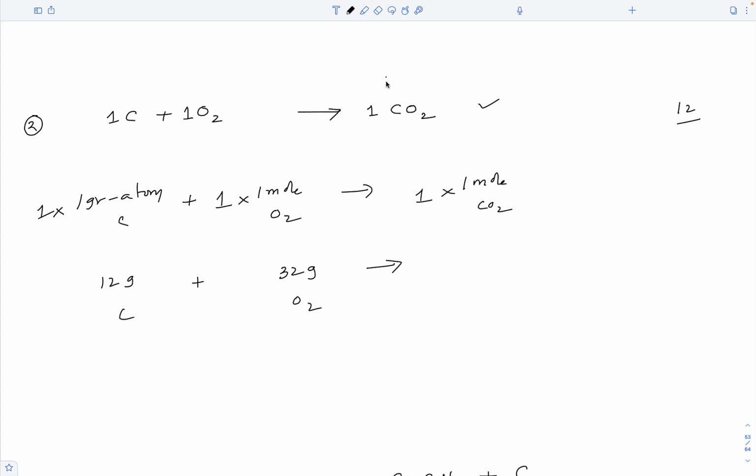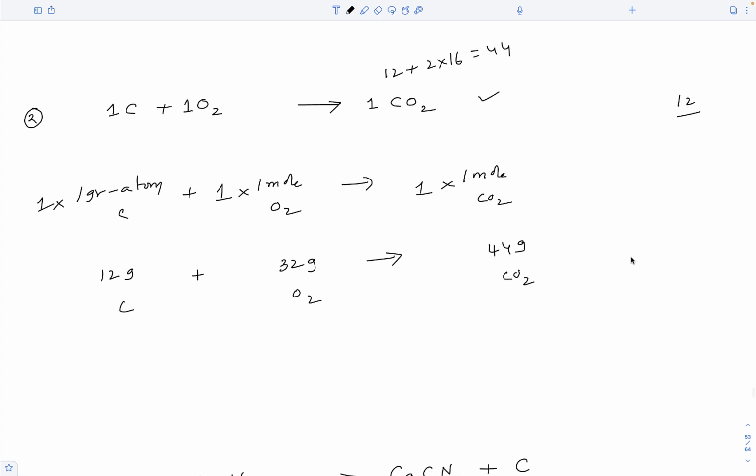Molecular weight of carbon dioxide is 12 plus 2 times 16. Atomic weight of carbon is 12, atomic weight of oxygen is 16. We have 2 oxygen atoms, so 2 times 16 plus 12, this is 44. So 1 mole of carbon dioxide is 44 grams of carbon dioxide, multiplied by 1 is 44 grams.